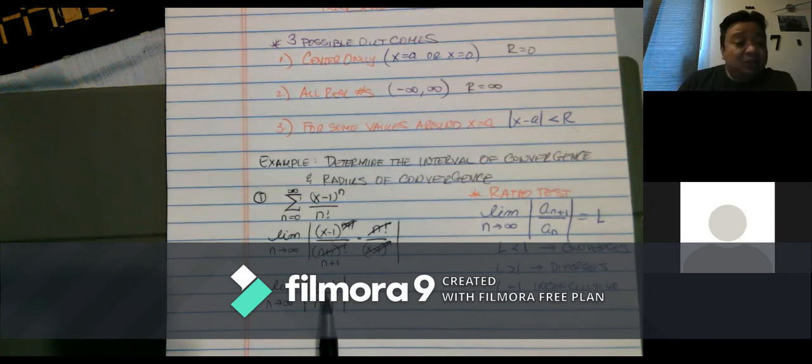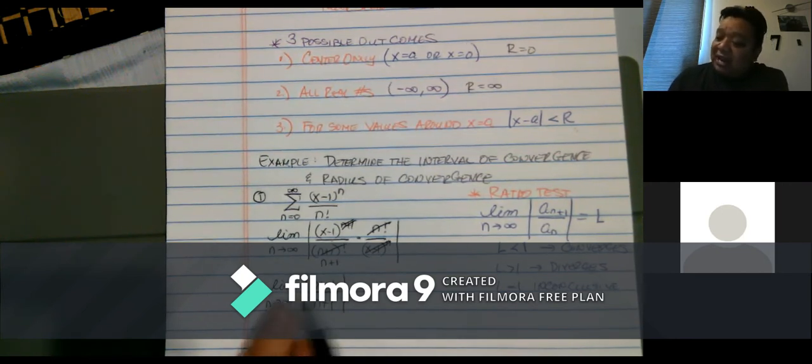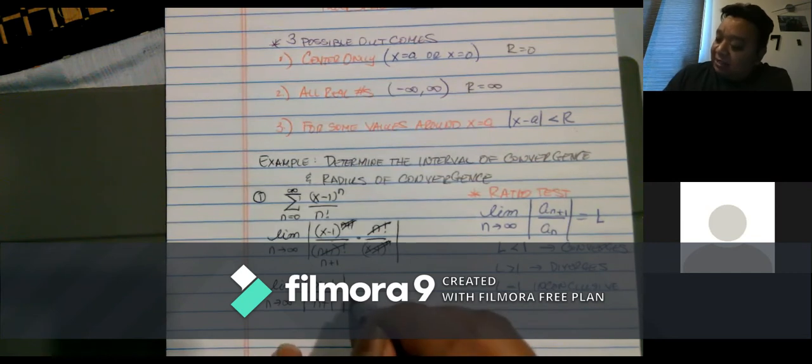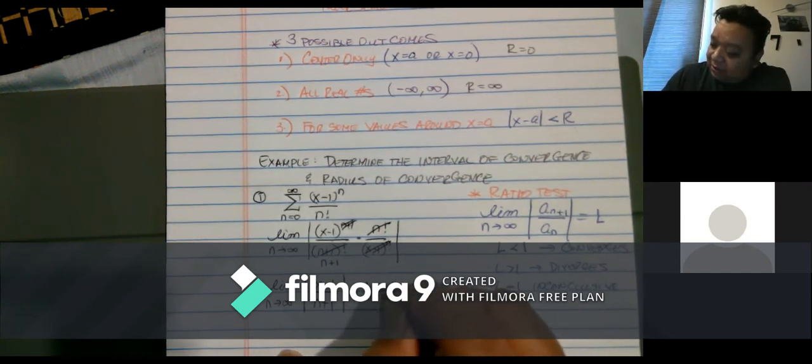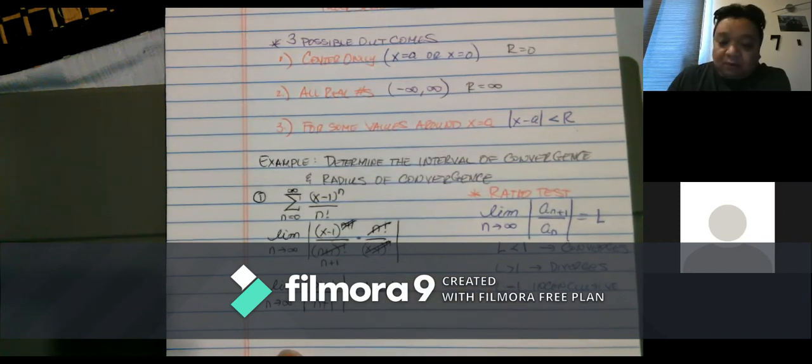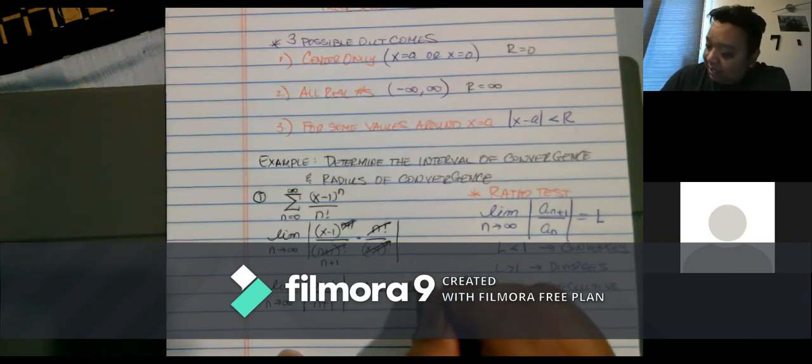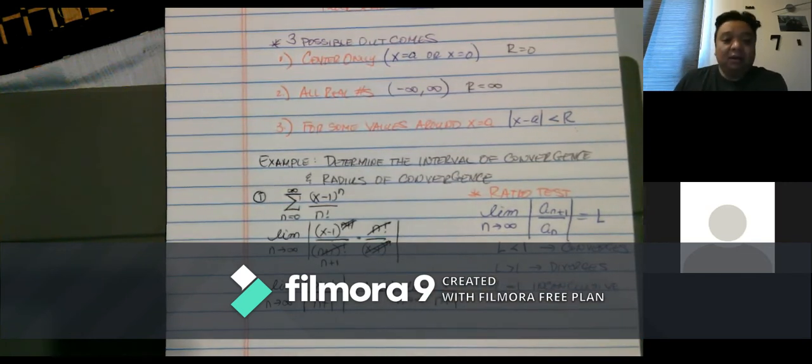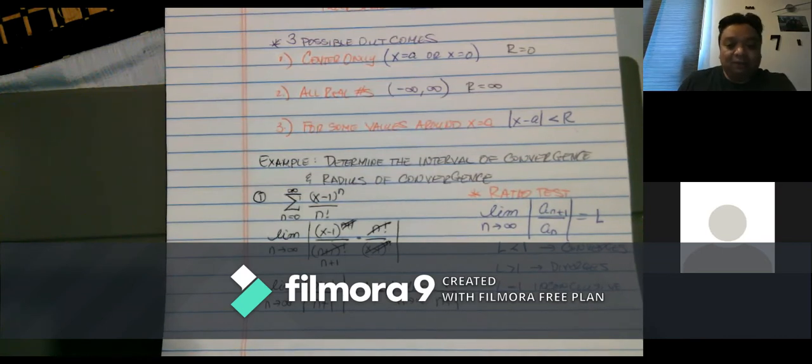Essentially the x minus 1 is considered a constant because it does not have n in it, and so I can factor that out of the limit. So this essentially is the absolute value of x minus 1 times the limit as n approaches infinity of 1 over n plus 1 as a ratio.